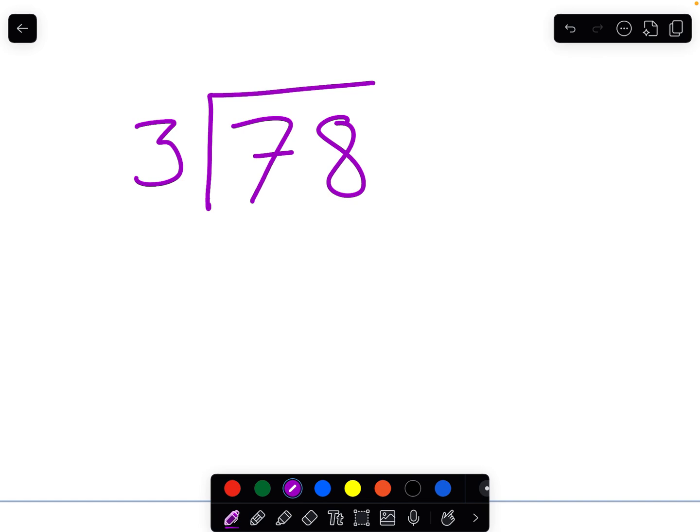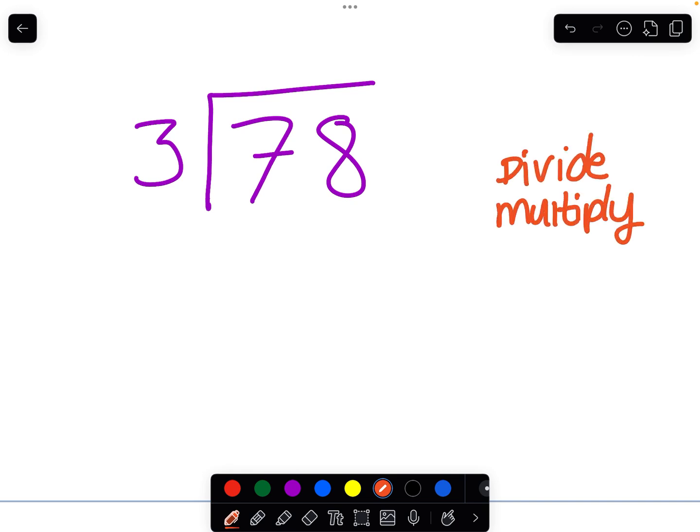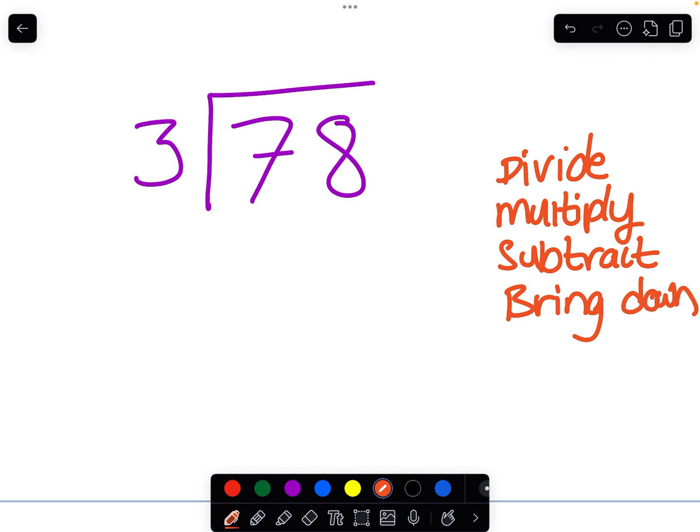Okay, so the first thing I'm going to do is think about my steps. It's divide, multiply, subtract, bring down, and then repeat or remainder.